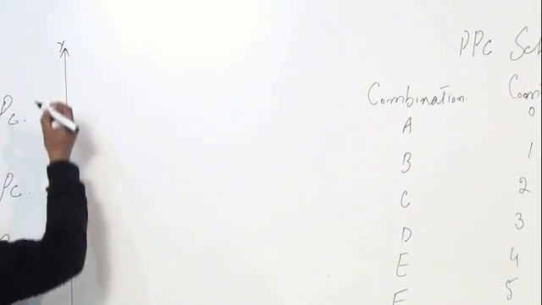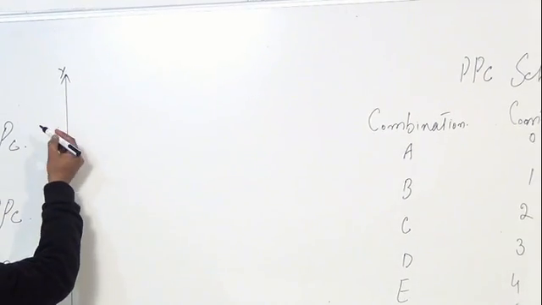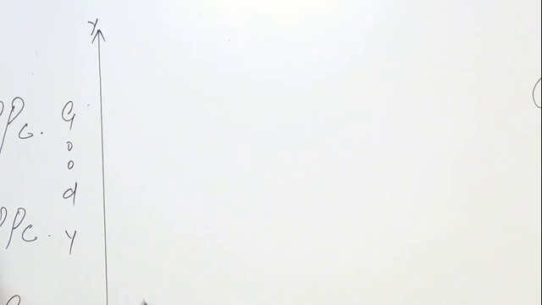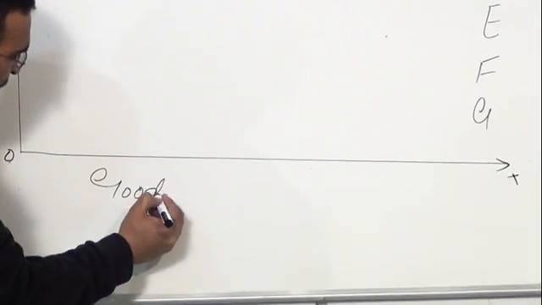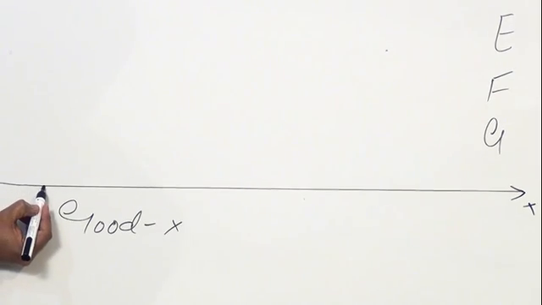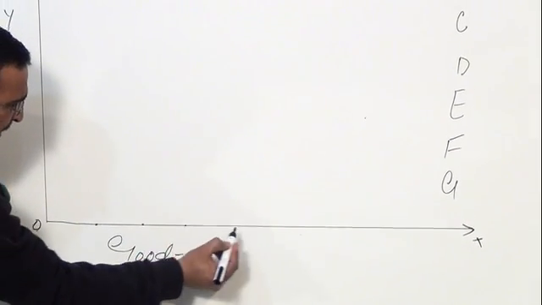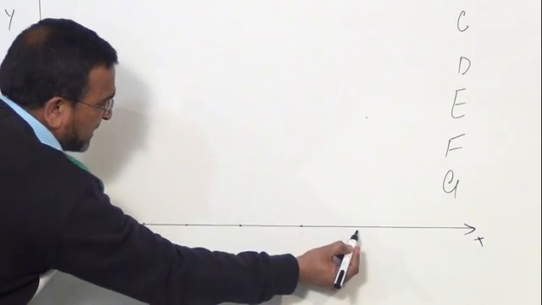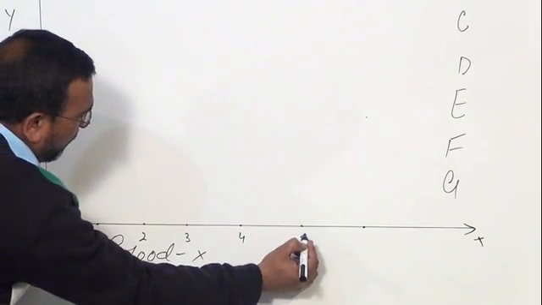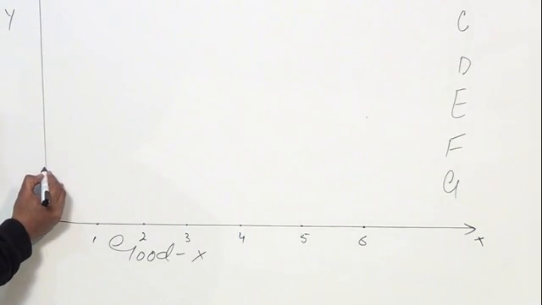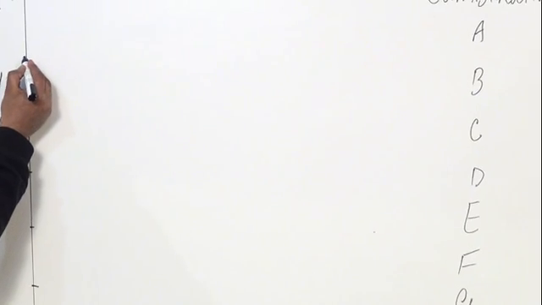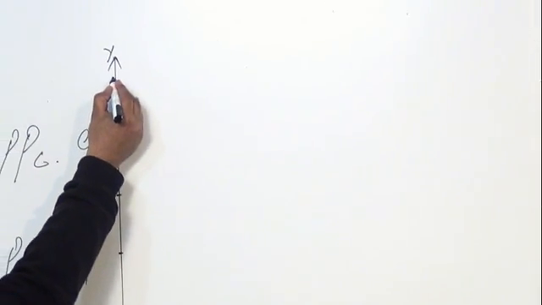On the y-axis we are measuring good Y, and along the x-axis we are measuring good X. Marking 1 to 6 on the x-axis, and on the y-axis 3, 6, 9, 12, 15, 18 and 21.